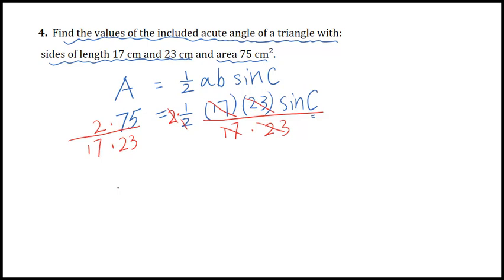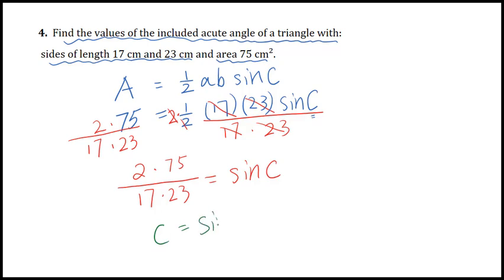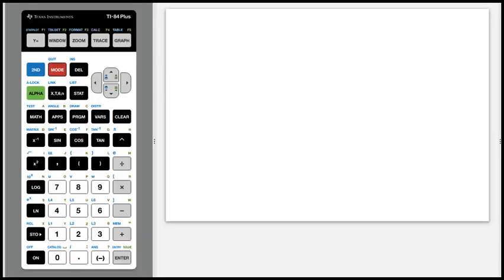So that we will get 2 times 75 over 17 times 23 equals sin C. And C equals inverse sine of 2 times 75 over 17 times 23. Then equals.